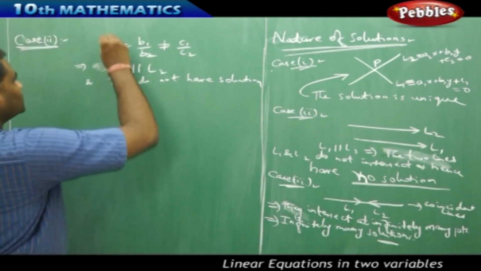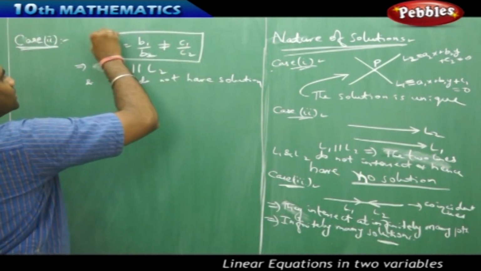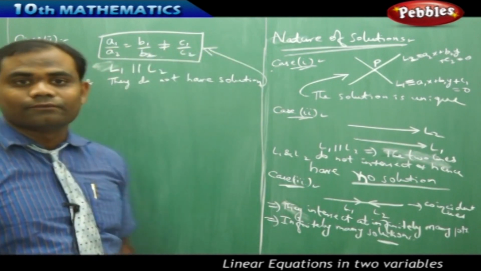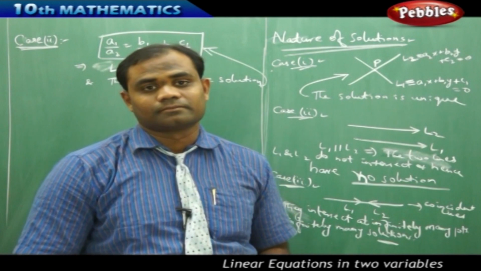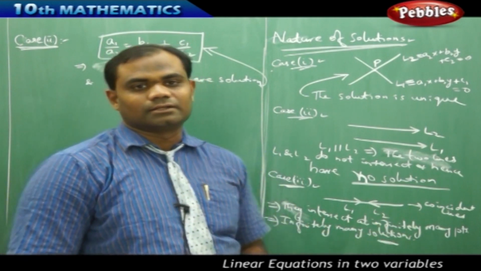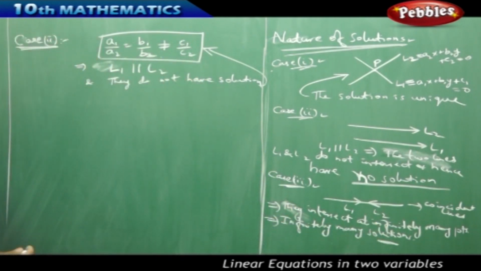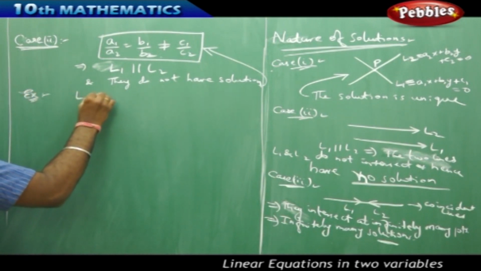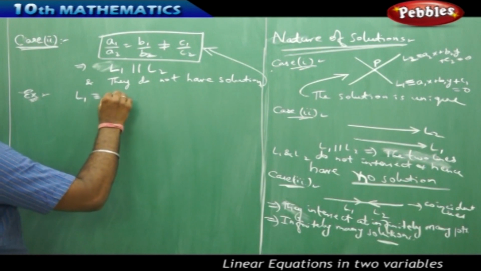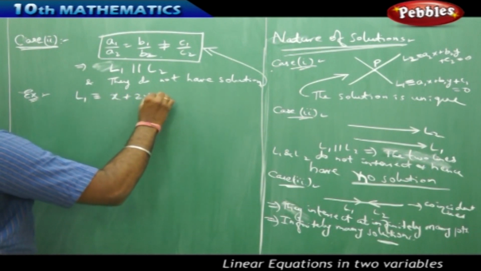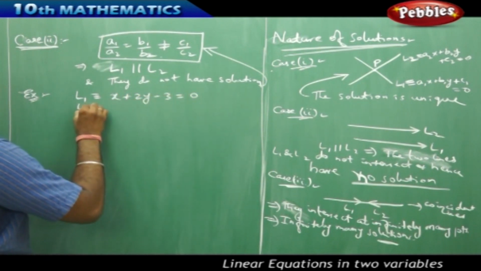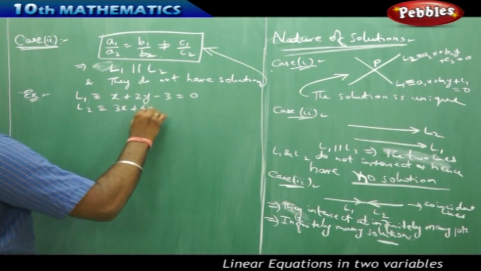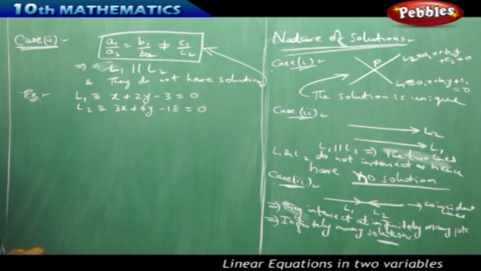But mathematically, we identify algebraically that for no solution, this is the condition which the two lines must satisfy. Let's take an example and see how we can prove the statement. Say for example, I take the two lines, L1, which is x plus 2y minus 3 equal to 0, and my line L2, which is 3x plus 6y minus 18 equal to 0.